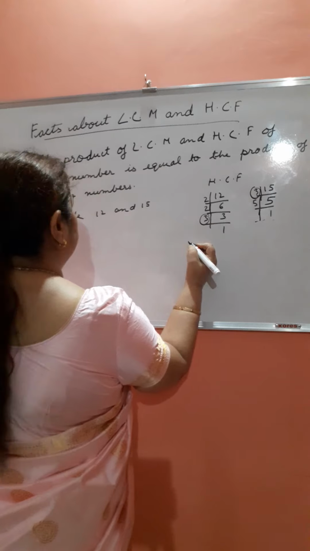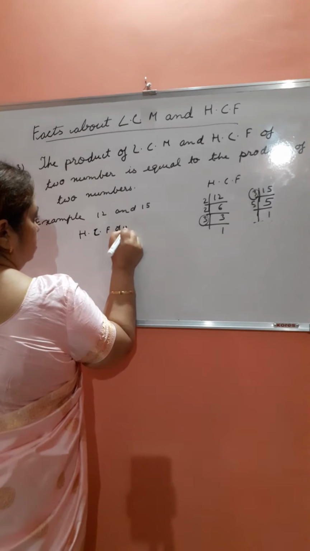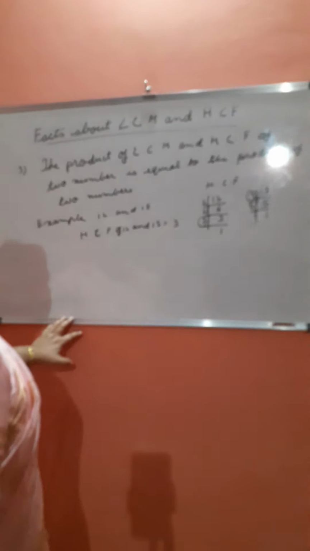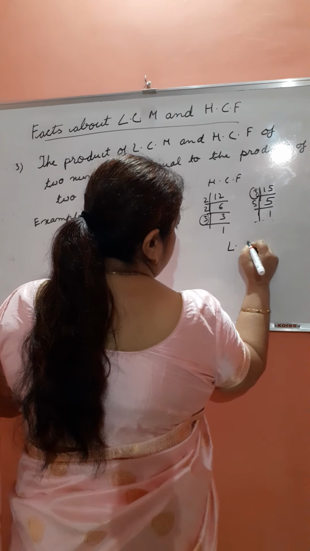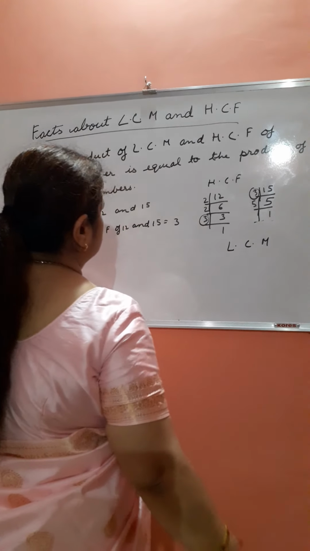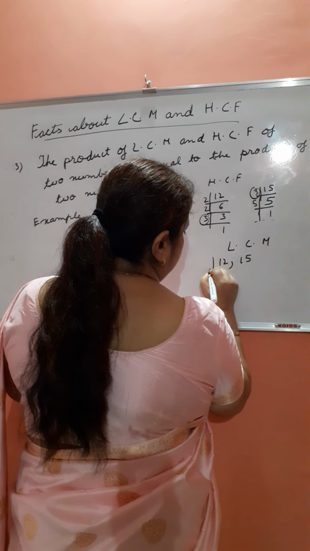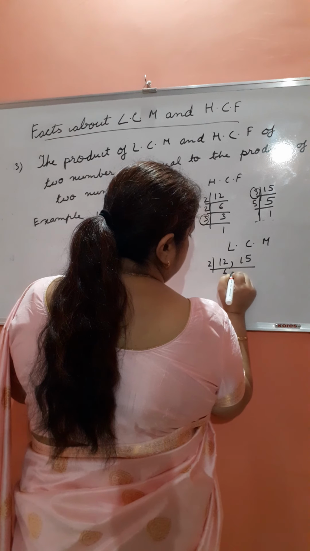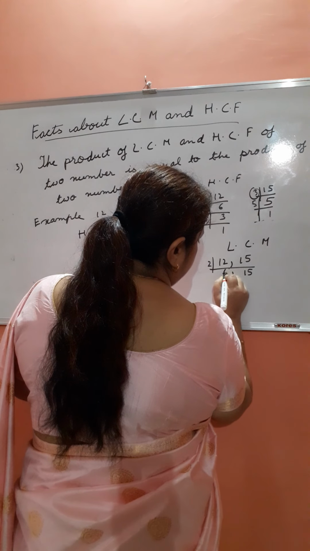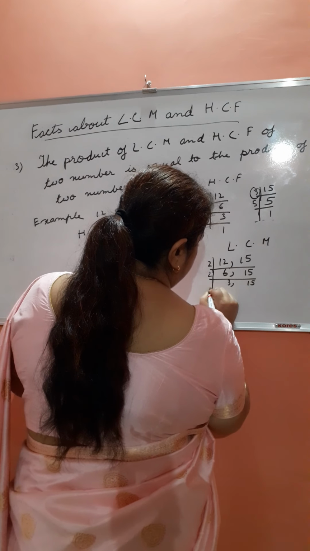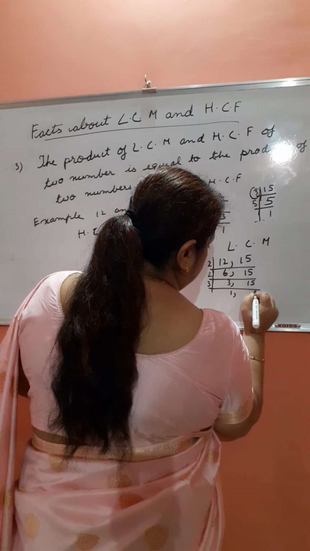So HCF of 12 and 15 is equal to 3. Now find out LCM. I am doing by common division method. 15 will remain here. Then 2, 3. Again 15 will remain here. 3, 1, 3, 5.